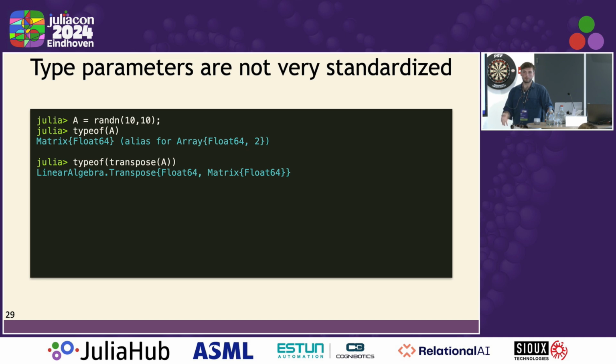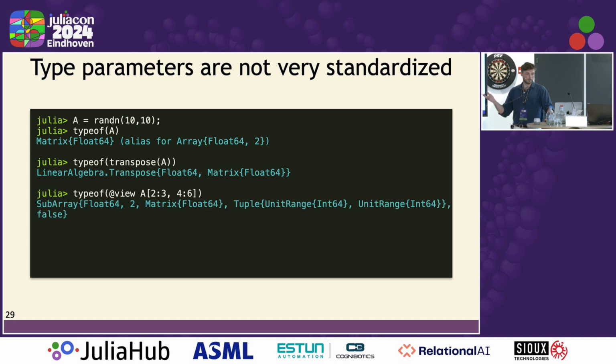So maybe for wrapped types, we're going to say that the first is the L type and the second is the parent. Well, if we just make a view of something, we don't see that. We see now it has L type, ndim, the parent type, which I can again ascertain the ndim from, and then other information that is thrown in there, like information about what the ranges of the view look like.